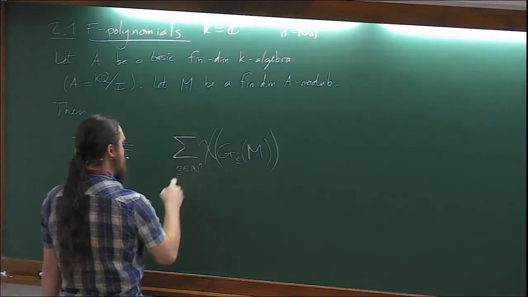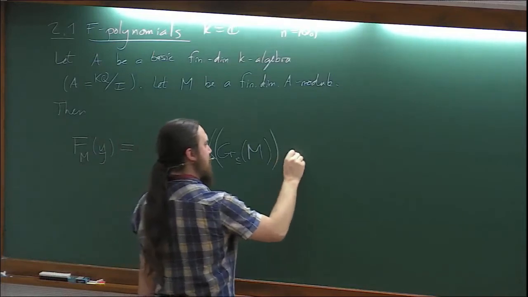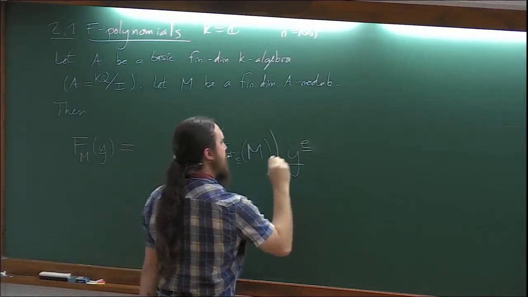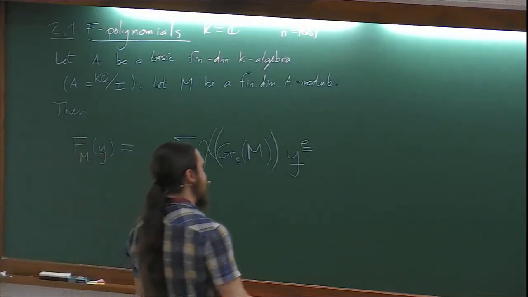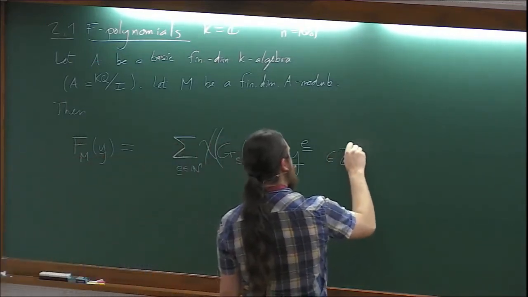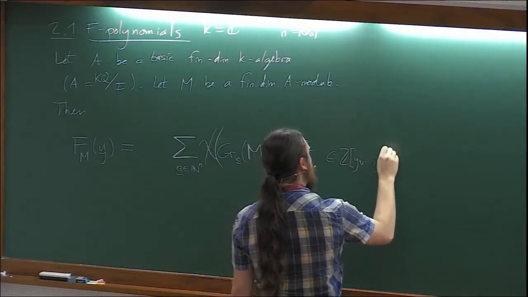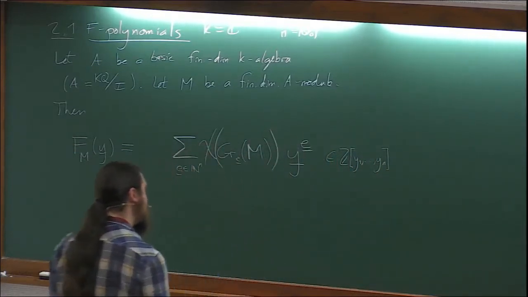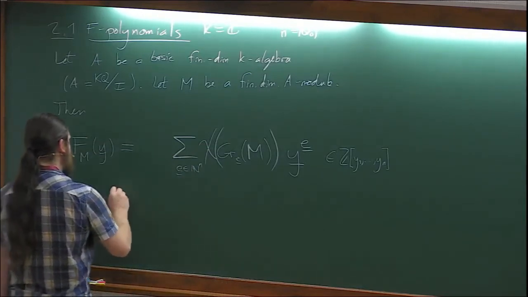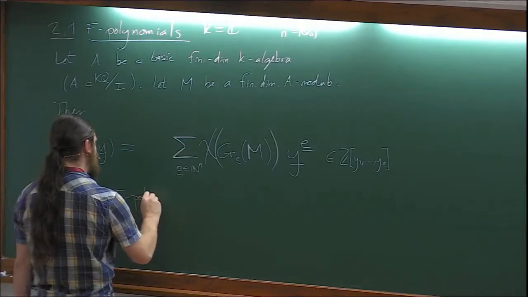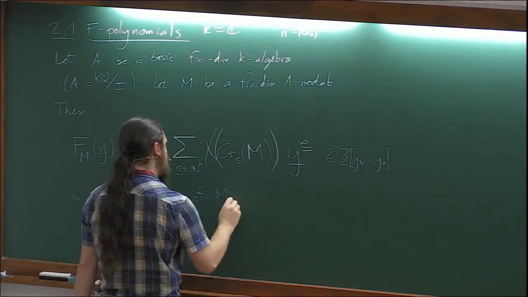So you take the sum over all possible dimension vectors of this integer coefficient times a monomial in y1 up to yn. And this is a polynomial with integer coefficients in y1 up to yn. And this is the F polynomial of M.